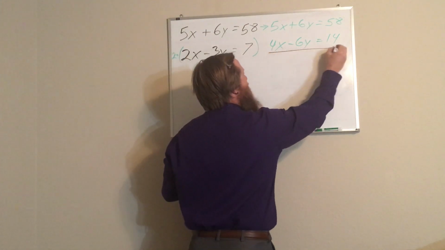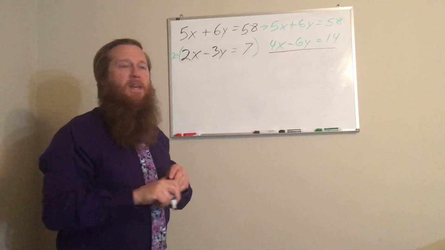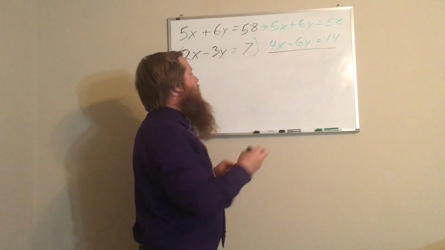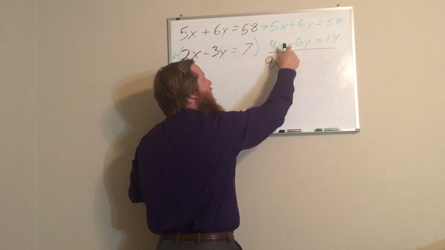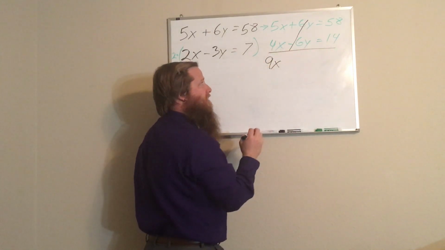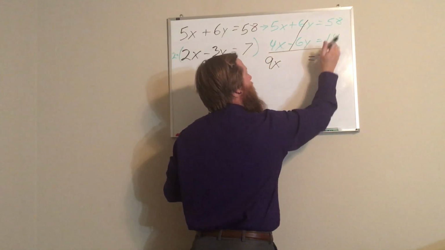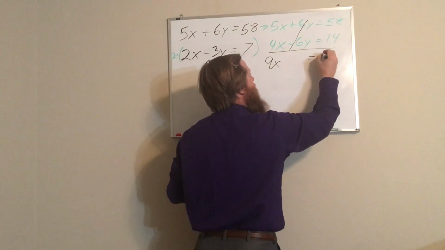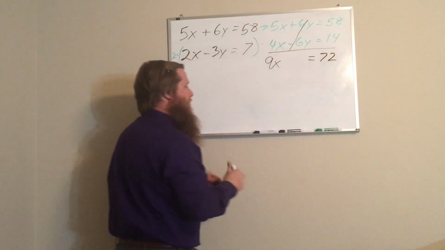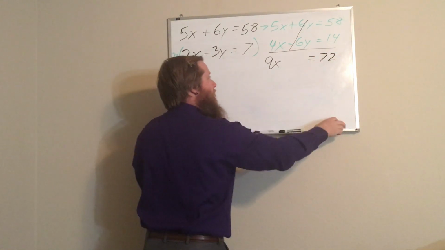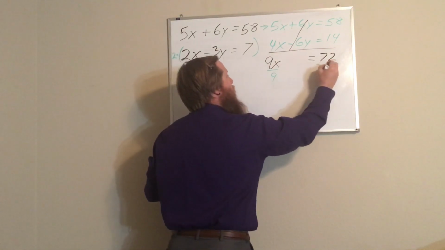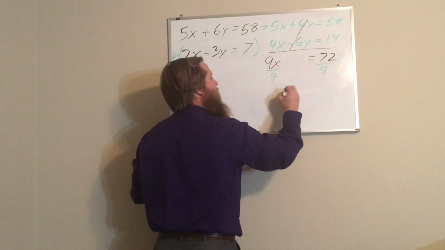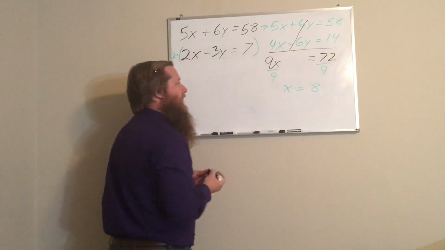Now we can use the same elimination method that we used on Monday. 5x plus 4x is 9x. 6y minus 6y has a sum of 0, and 58 plus 14 has a sum of 72. And now we can isolate x by using inverse operations. If we divide both sides by 9, we end up with x equals 8.